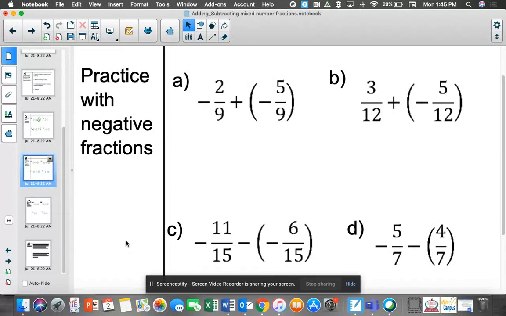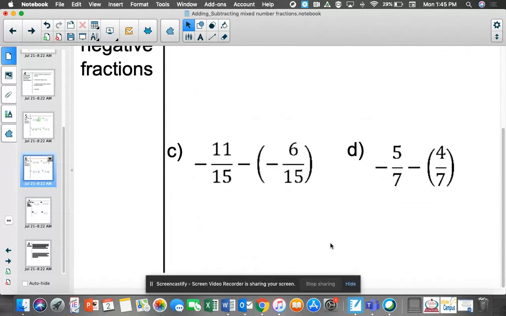B, 3/12 plus a negative 5/12. C, negative 11/15 minus a negative 6/15. D, negative 5/7 minus 4/7.